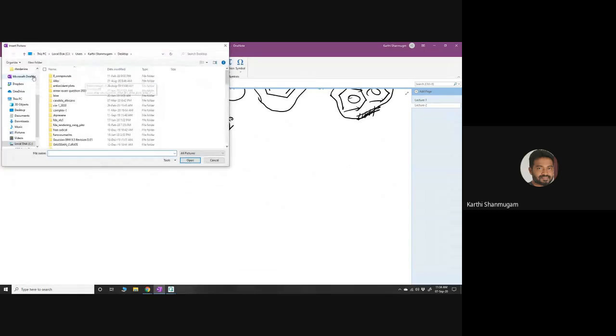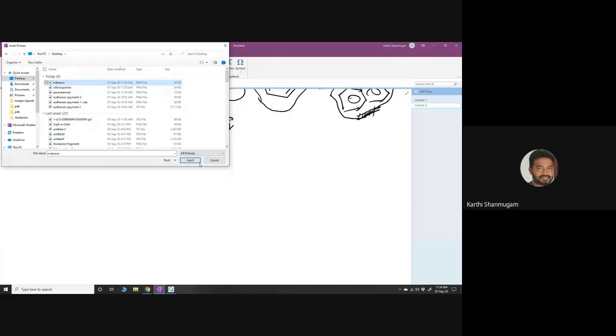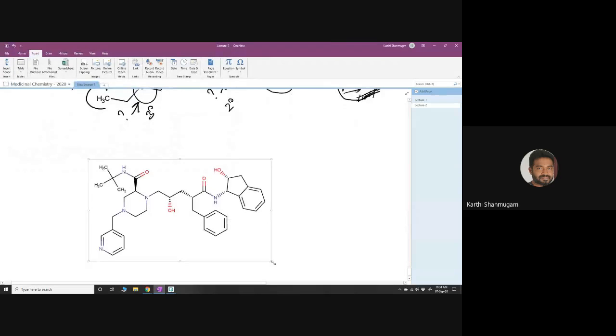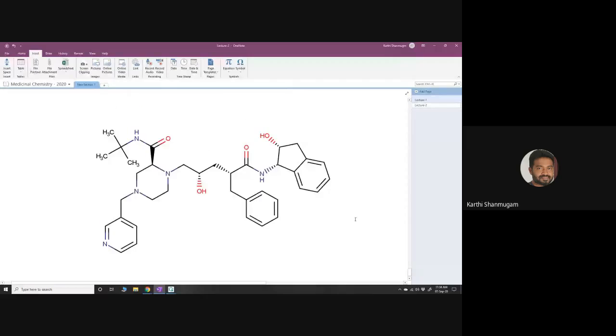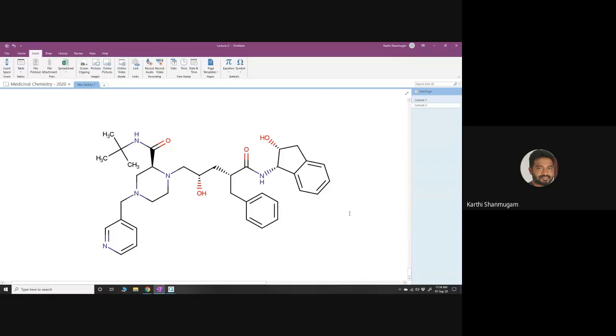So is the structure of indinavir visible? Yes, sir. Now you agree that the complexity of the molecule has increased to some extent, right? Can any one of you tell what is the name for this functional group?